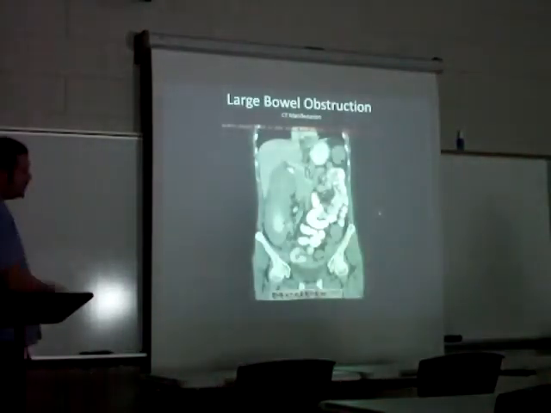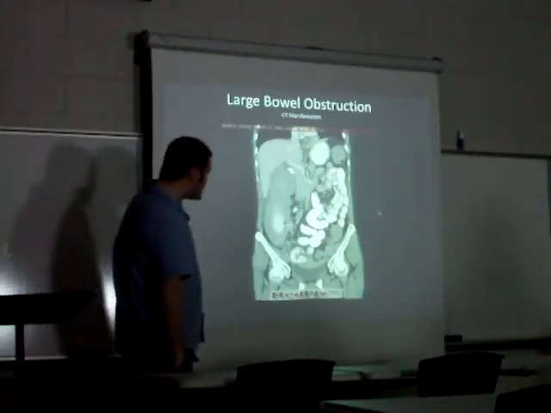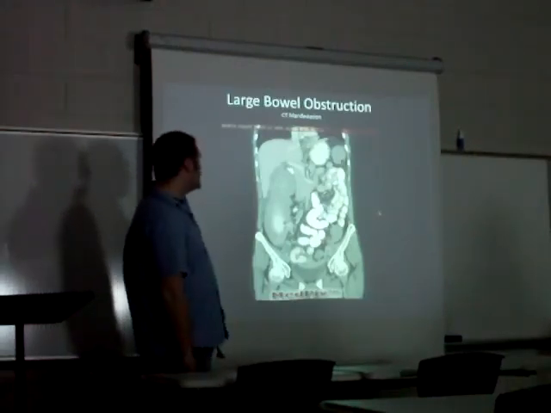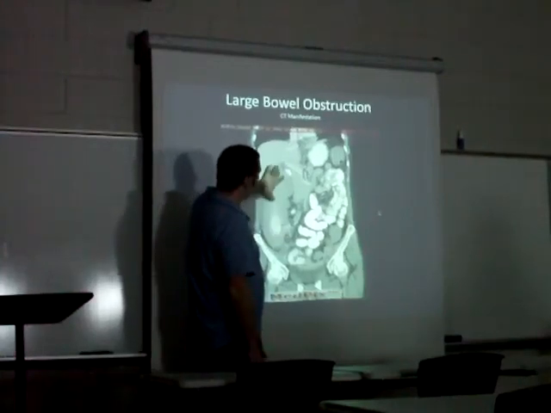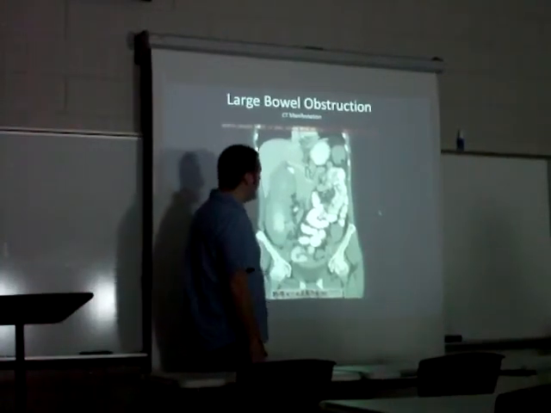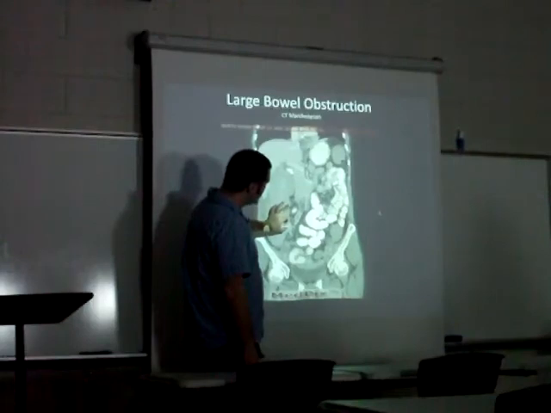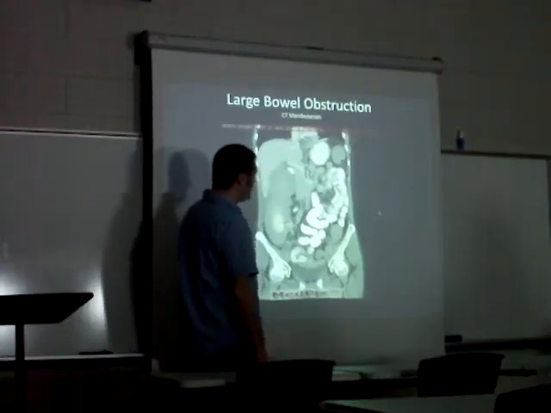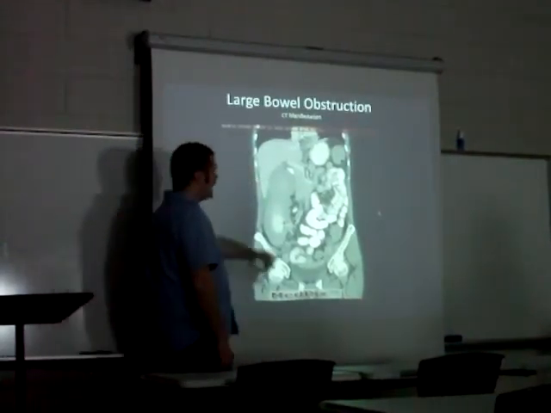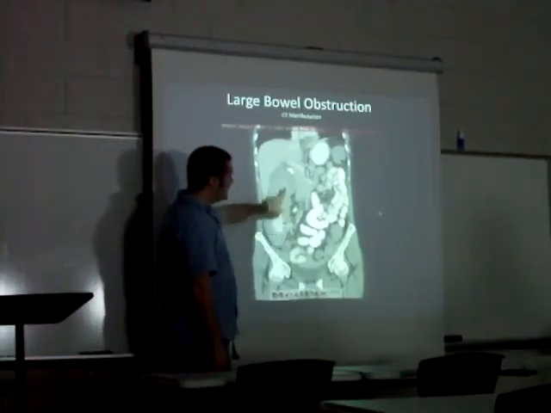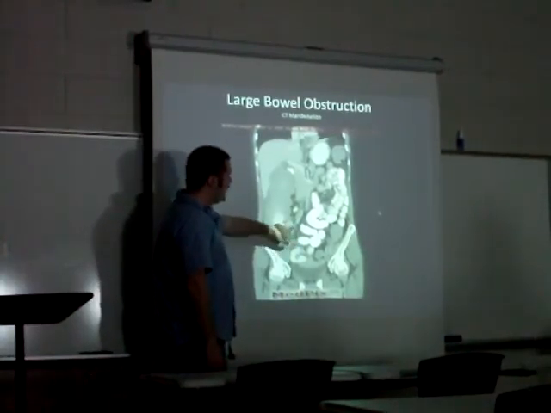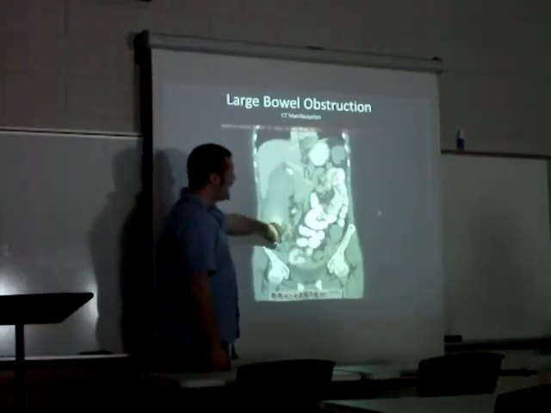And here is an example of a large bowel obstruction. This is the ascending colon here, and what you can see here is that there is a mass. If you look at where the contrast is flowing into the ascending colon, into the lumen of the ascending colon, there is a very tiny gap here.